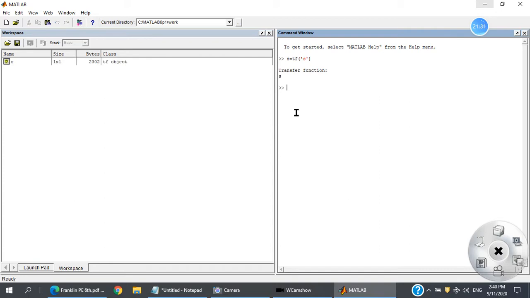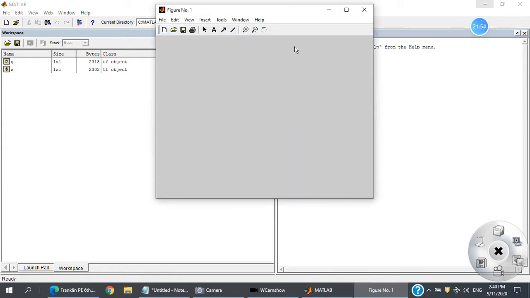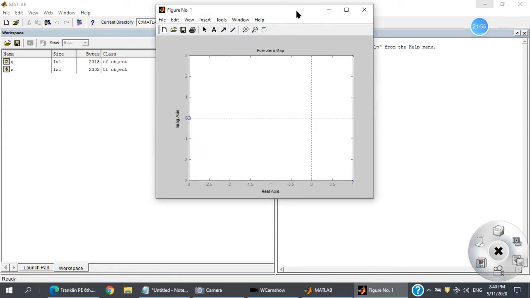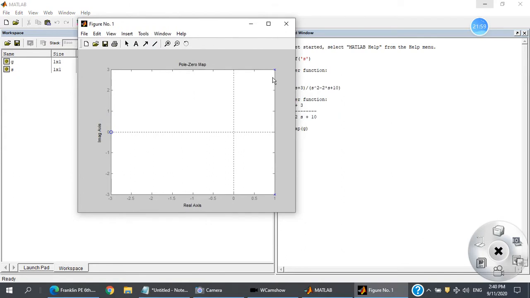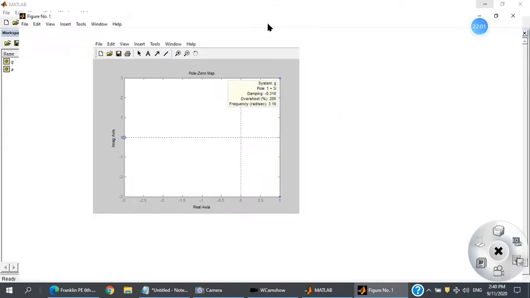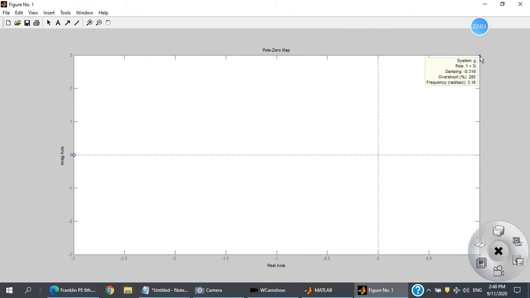Then I define G, which is the plant. This plant, we can see the pole-zero map of this G. It is an unstable one. Okay, see the cross here? Here's a cross here.